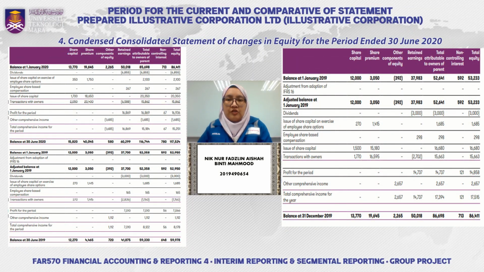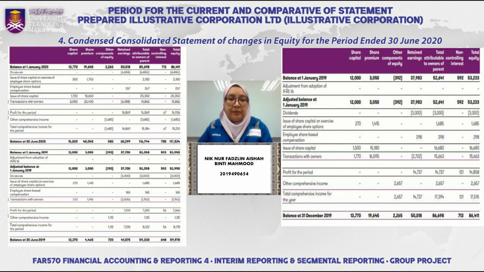For the statement of changes in equity, the current period is from 1st January 2020 to 30 June 2020, and the comparative period is from 1st January 2019 to 30 June 2019.